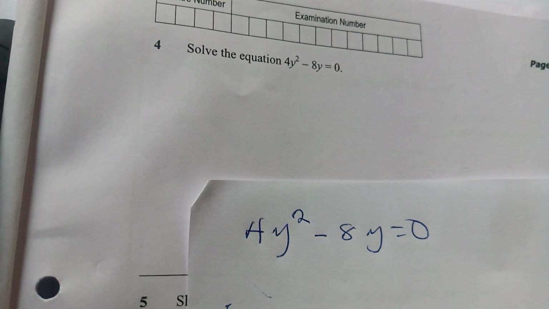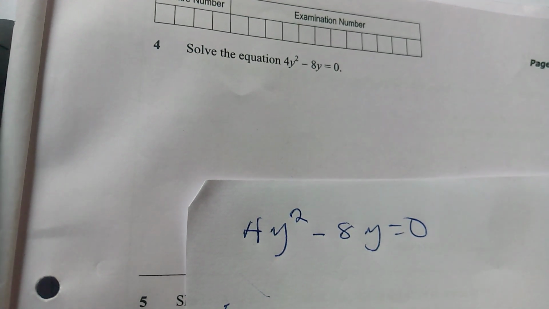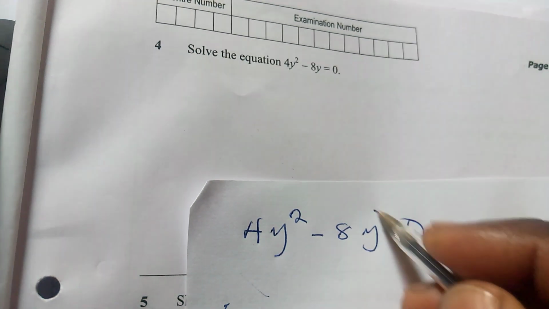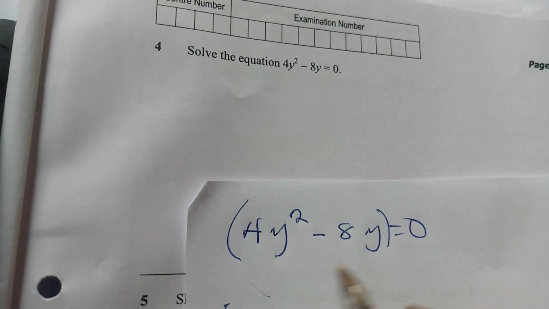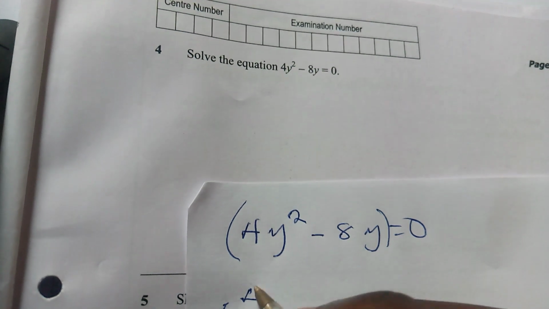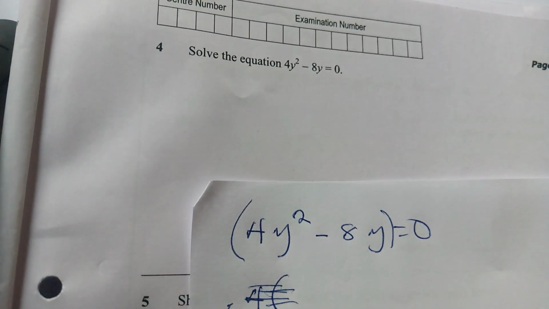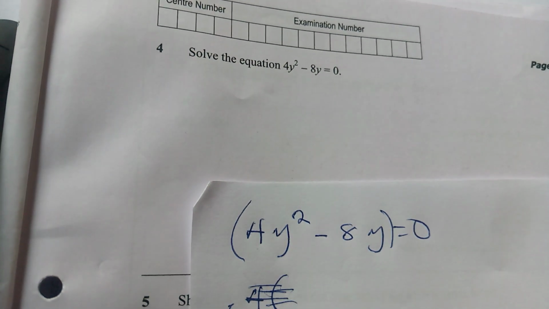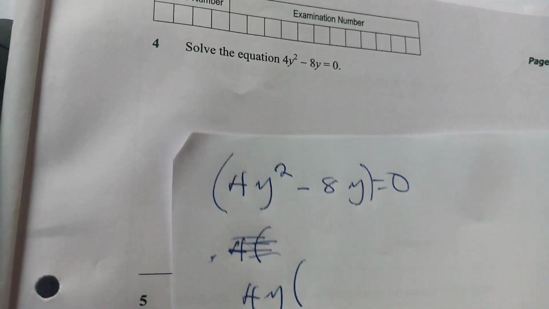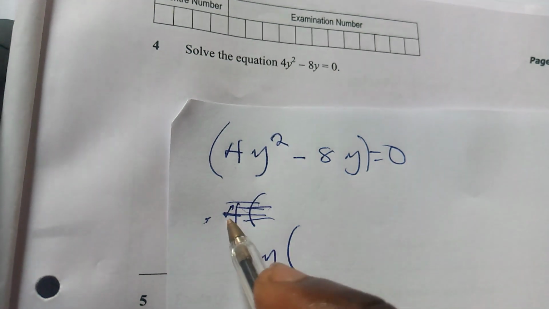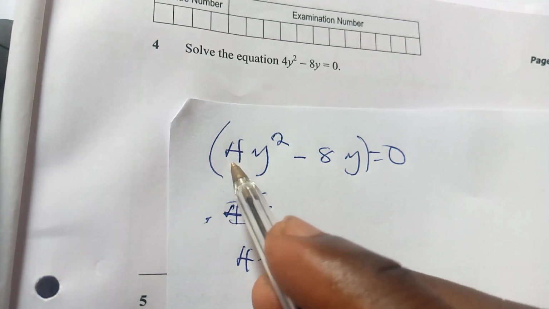So how do we solve this? We're going to look for what is common here. We've got 4 and y, so we've got 4y. And then what is remaining here?